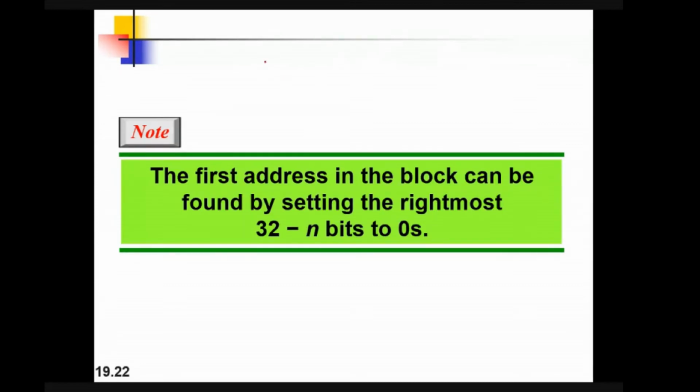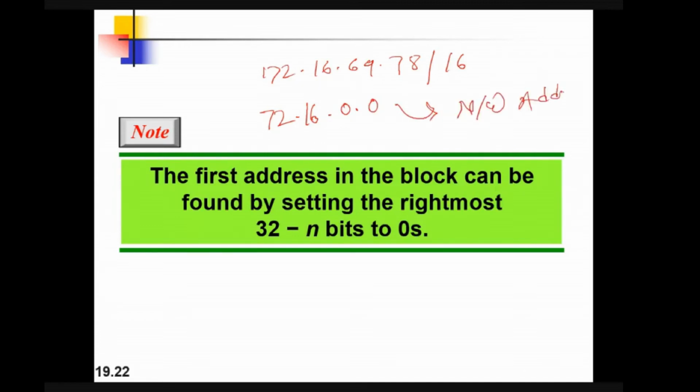So what they are saying is, if you have the address 172.16.69.78/16, then you can set the rightmost bits to 0.0. So this is your network address or first address.